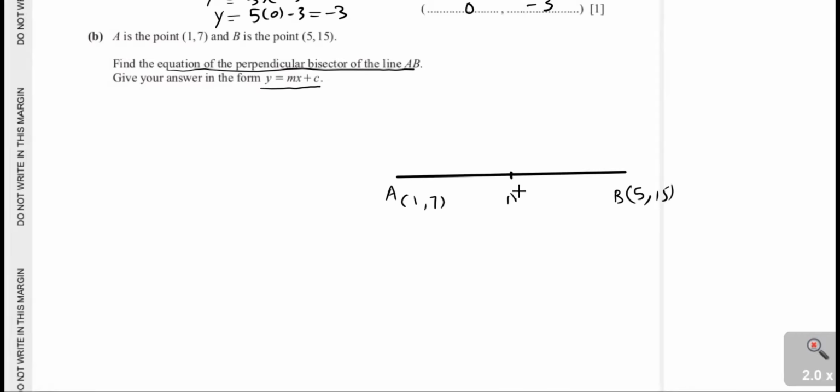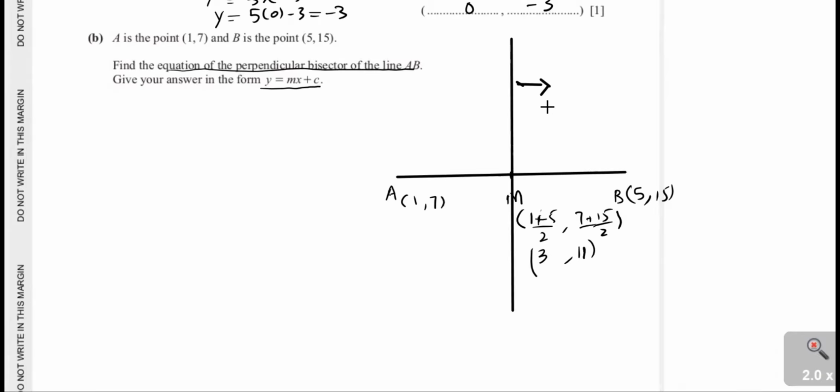And this M is the midpoint. The coordinate of the midpoint M will be 1 plus 5 over 2 and 7 plus 15 over 2, and this will be equal to 6 over 2 is 3 and 22 over 2 is 11. And we have to calculate the equation of this perpendicular bisector.